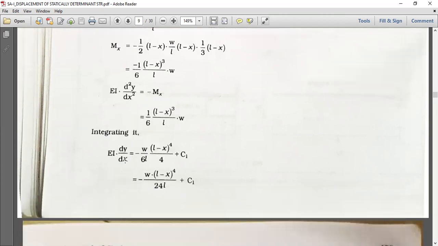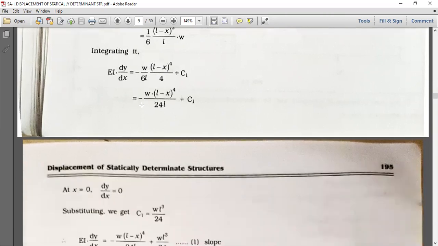EI dy by dx is equal to W into 6L into (L minus x) raised to 4 divided by 4 plus C1. To simplify it, we can have the final equation as minus W into (L minus x) the whole bracket raised to 4 divided by 24 times L plus C1.